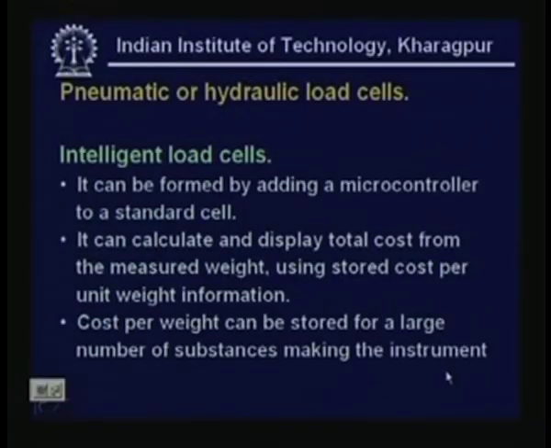Now, cost per weight can be stored for a large number of substances, making the instrument very flexible in its applications. This is not true only for this type of load cell; you will find it in many applications.